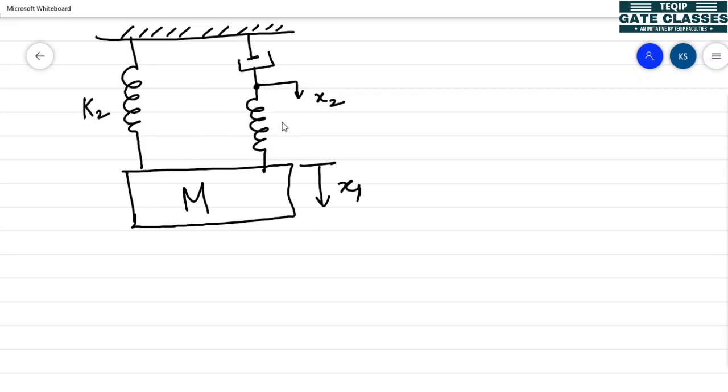This spring has the constant K2 and this spring has the constant K1, and this damper has a damping constant F1. Now you can observe here in this complex system the force acting on the system is 0. So we are not applying any force on the system. What you have to do is make a mechanical network of it.